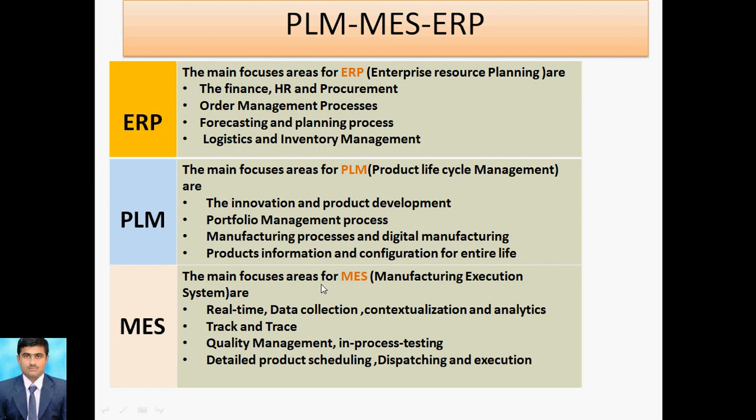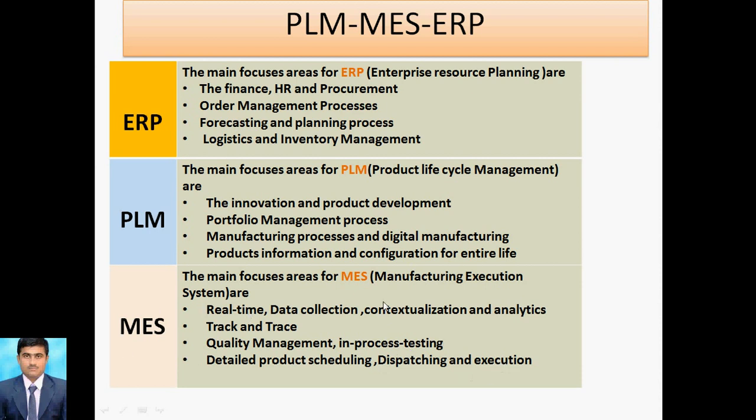The next point is MES, that is manufacturing execution system. Here real-time data collection, visualization and analytics are important. Then track and trace, then quality management in process testing, detailed product scheduling is there, then dispatching is there, then execution is there.